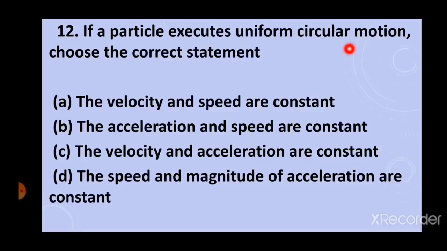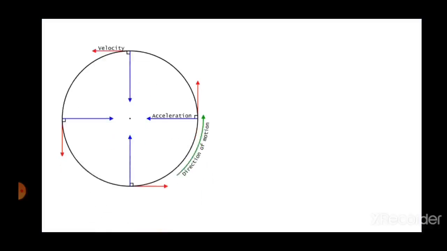Then the next problem: if a particle executes uniform circular motion, choose the correct statement. Now listen to it. In uniform circular motion, the velocity is always changing but speed remains constant. Understand students? Here the particle is moving in a uniform circular motion.